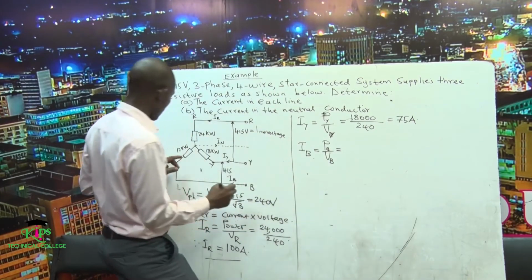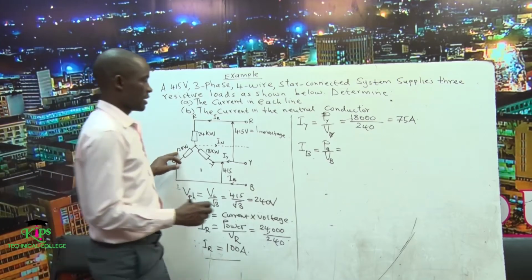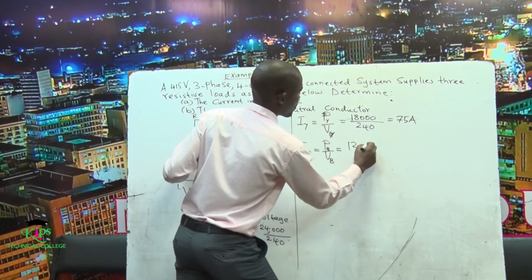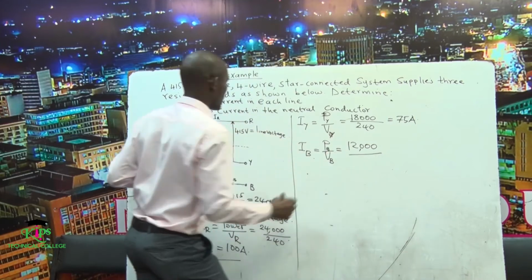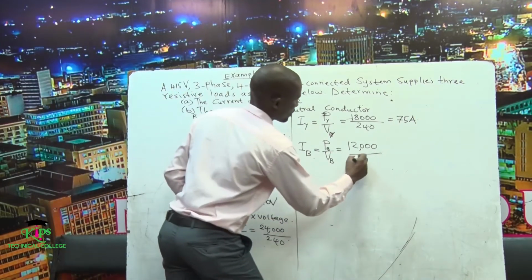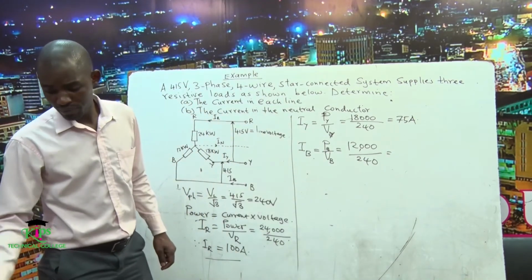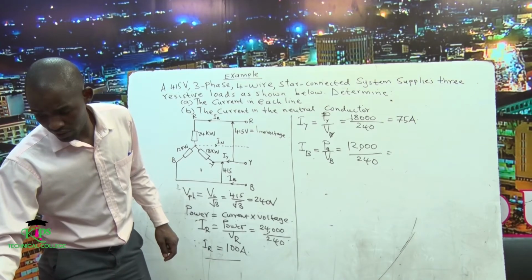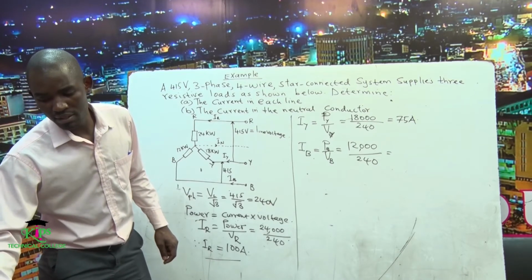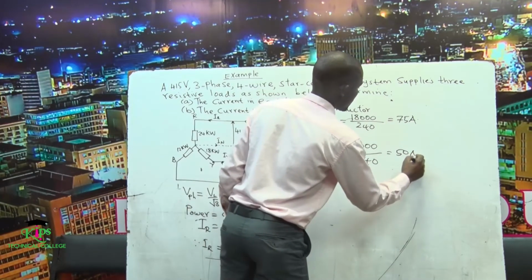The power here is 12 kilowatts, which becomes 12,000, divided by the voltage across the blue phase, which is the same 240 volts. If you divide that, you are expected to get 50 amperes.